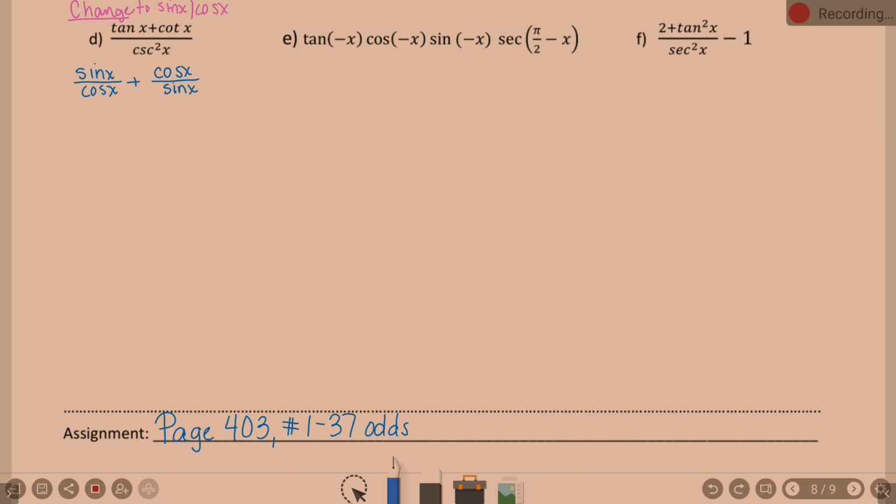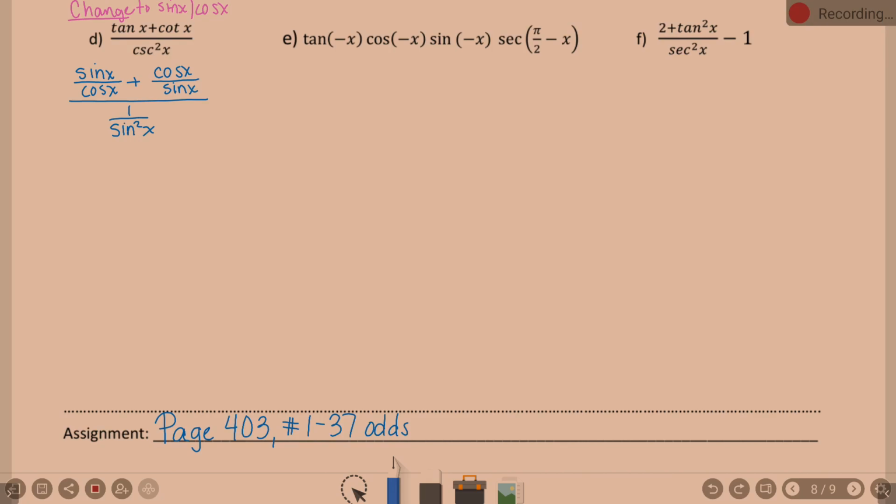Cotangent is cosine x over sine x. In the denominator, we're changing everybody to sine and cosine. What do you know about cosecant? It's 1 over sine, the reciprocal of sine. So cosecant squared is 1 over sine squared x.